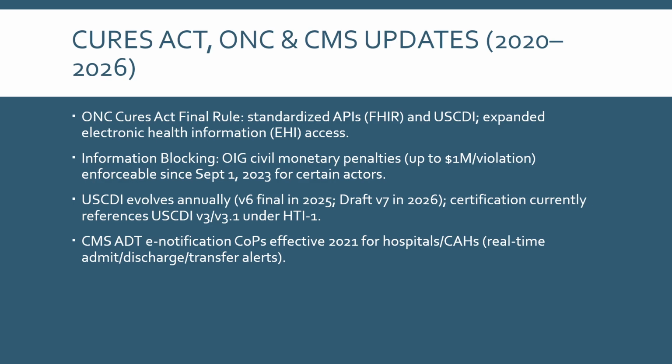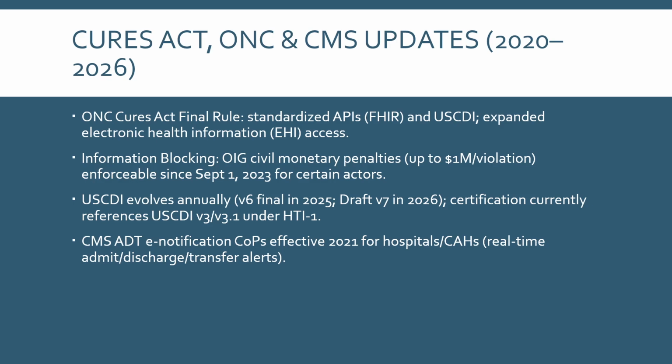Also, there is a policy about information blocking, and there are penalties up to $1 million per violation. If you are blocking the flow of data or information, you can be fined, and it's in place since September 1, 2023 for specific actors that are obligated to disclose or move the data.